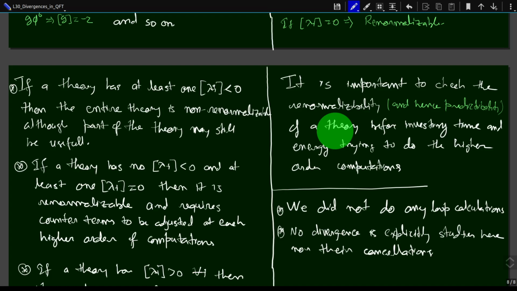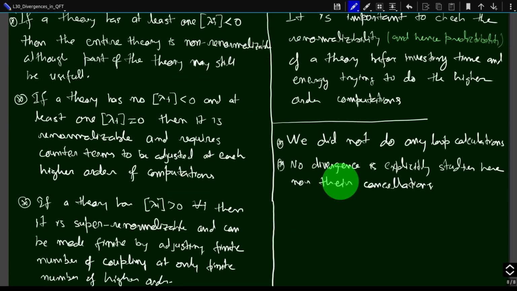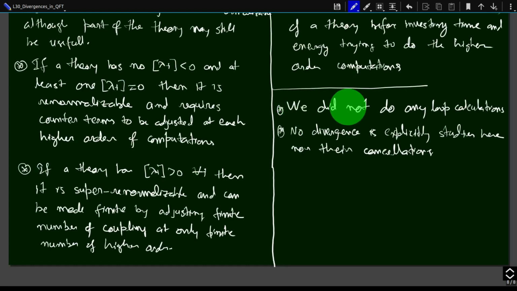Again, sorry for the background noise. I want to emphasize at the end of this lecture that we did not do any loop calculation here and no divergence. We might write the loop expression from the diagram using the Feynman rules, but doing a loop calculation means evaluating those integrals. We have not done that, and no divergence is explicitly studied here, nor their cancellations.